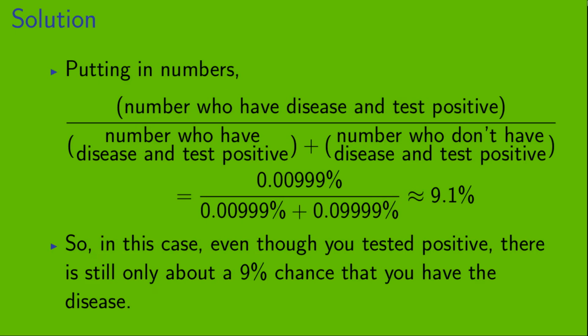Now, putting in the numbers that we just got, we get that this is equal to 9.1%. So in this case, even though you tested positive, there is still only about a 9% chance that you have the disease.